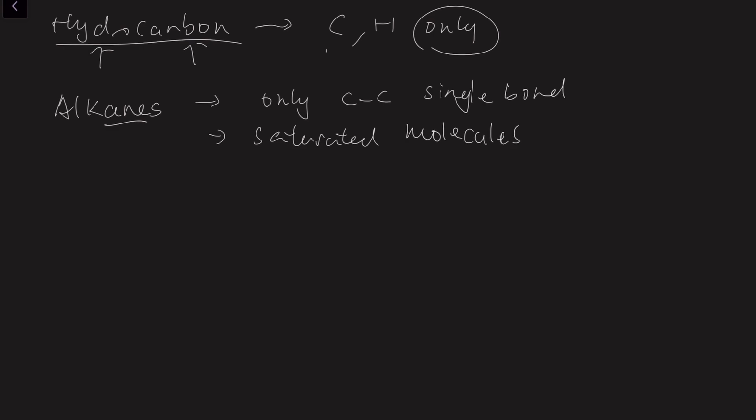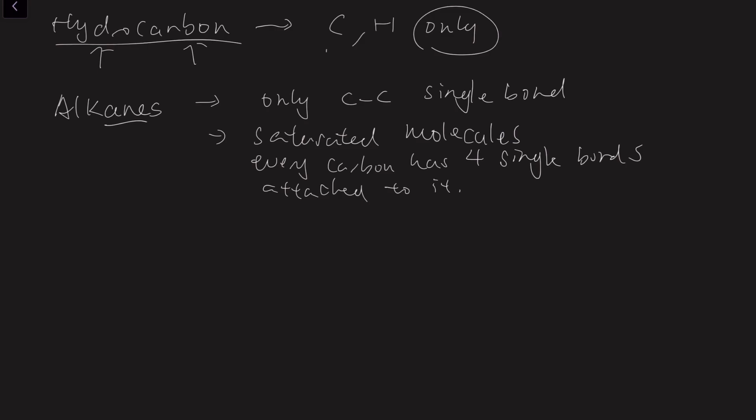This means every carbon has 4 single bonds attached to it. And this makes sense, right? If you have a carbon-to-carbon double bond, then it's no longer saturated because you do not have 4 single bonds, you have a double bond.